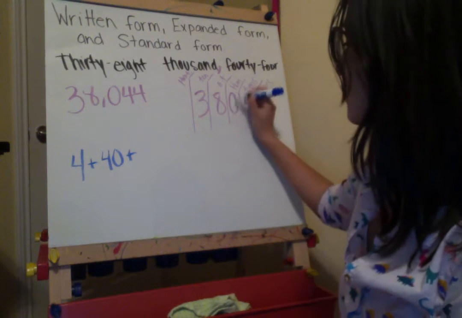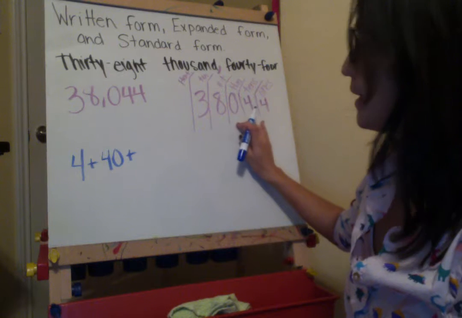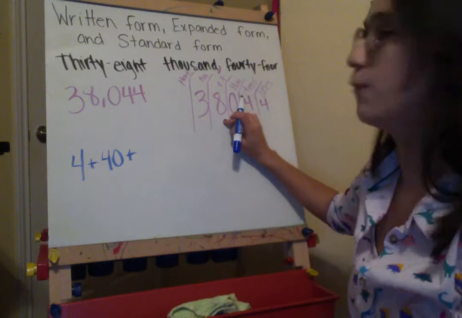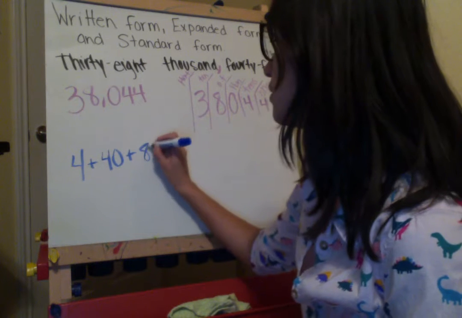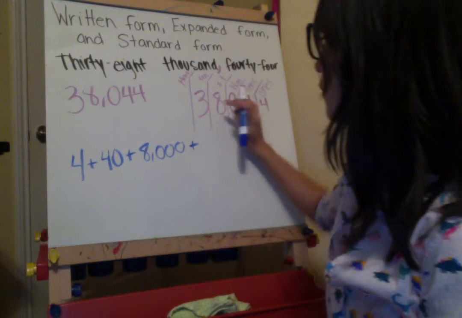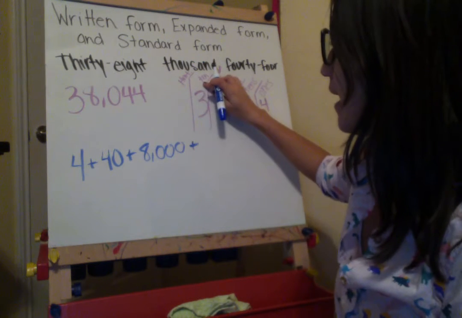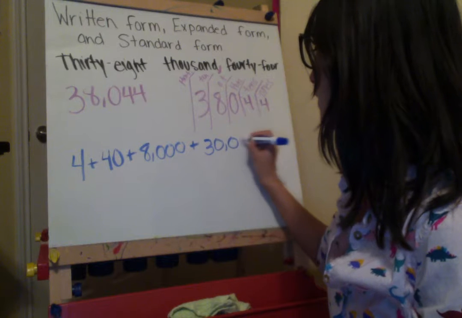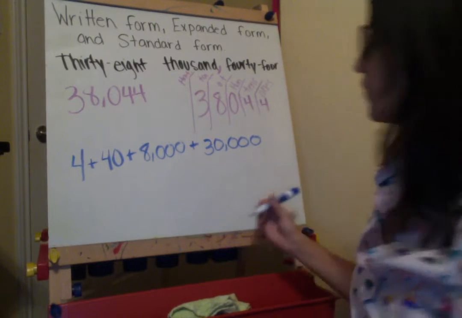We have 0 hundreds, so I don't need to put anything there. We have 8 sets of 1,000s. So that means we have 8,000. And then we have 3 sets of 10,000s, which is equivalent to having 30,000.